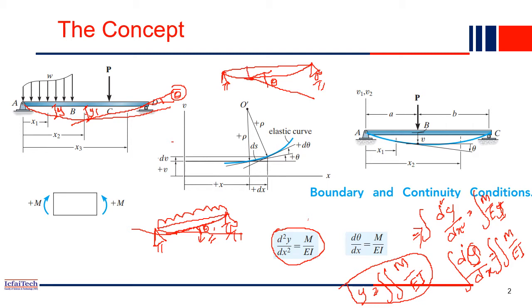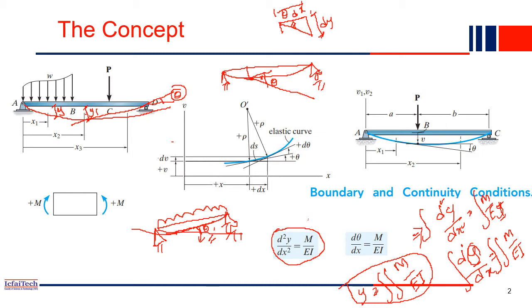Let me draw a small triangle separately. This angle is theta, and our main objective is to find the slope theta. This small length is dx, and the height is the deflection, dy.